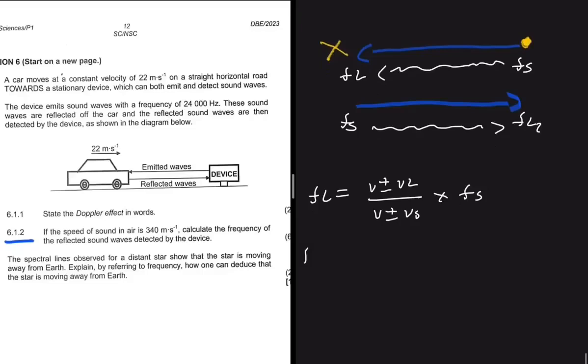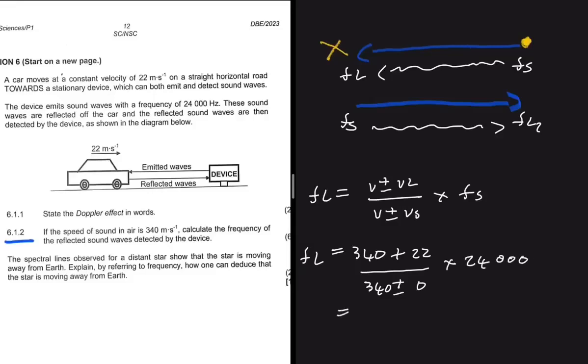So the frequency observed by the listener, or the frequency that strikes our vehicle, will be equal to 340 plus the velocity of our listener, because our vehicle is moving towards the device, which is 22 meters per second. We divide everything by 340 plus or minus the velocity of the device, which is 0, since it is stationary, and multiply that by the frequency emitted by our device, which is 24,000.